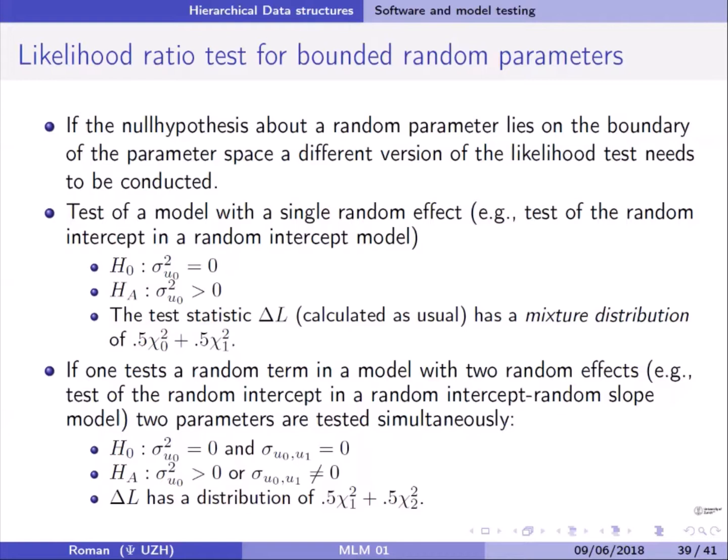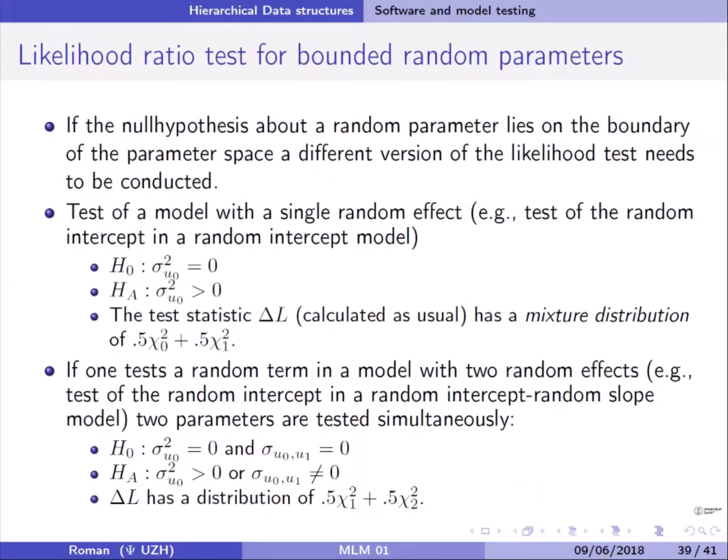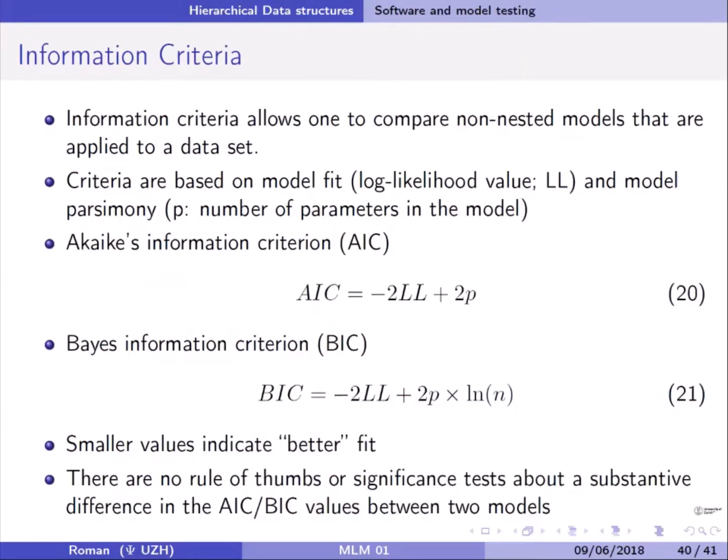This would mean that the slopes between the clusters are the same and the intercepts between the clusters are the same. And the alternative, of course, is that one of these parameters is greater than zero. So delta L has the distribution of the half chi-squared we just talked about for the p-value derivation. This is the procedure that we will be using to test random effects within this class. When we get to R, I will show you that in action.